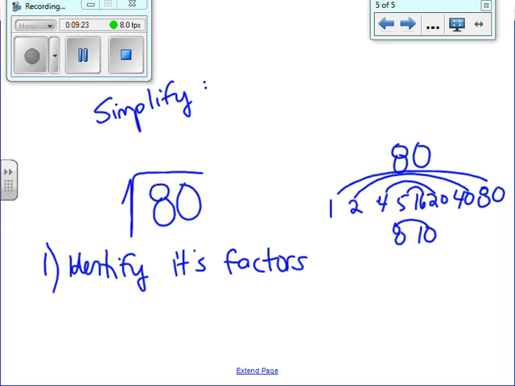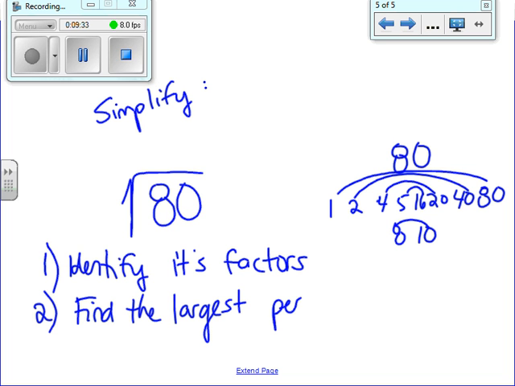So basically what I'm going to have to do now is, out of its factors, find the largest perfect square factor. If I look at all of these numbers, and this is why we really have to be quick with our perfect squares, I'm looking for the largest perfect square that I can find.